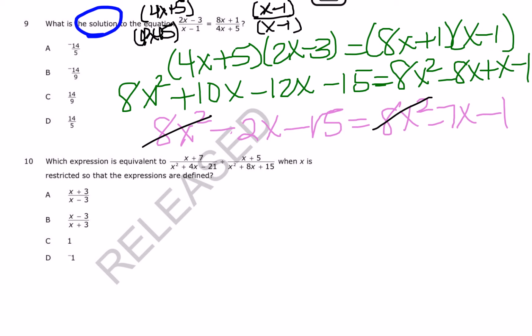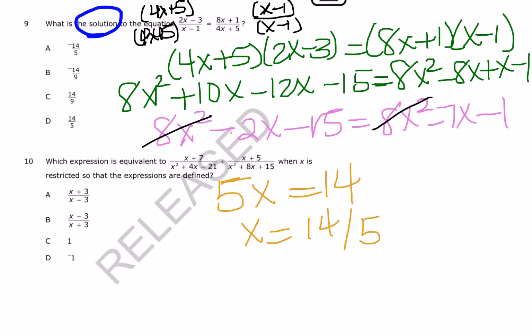So I'm going to move 7x over to the left side. And that should give me 5x. And of course, if I want my variables on the left, that means the constants have to be on the right. So I'm going to move 15 over, and that gives me 14. So x equals 14 divided by 5, which is letter D.